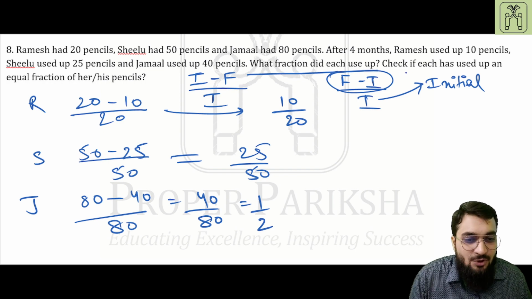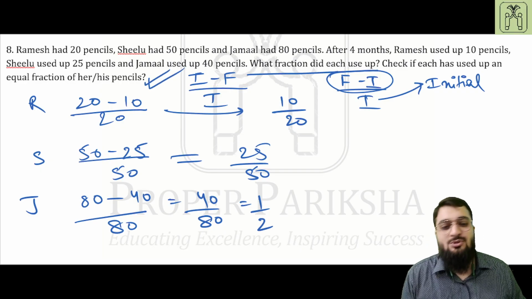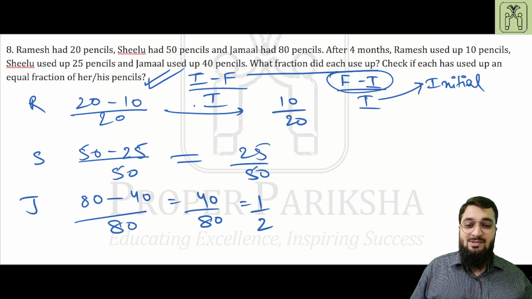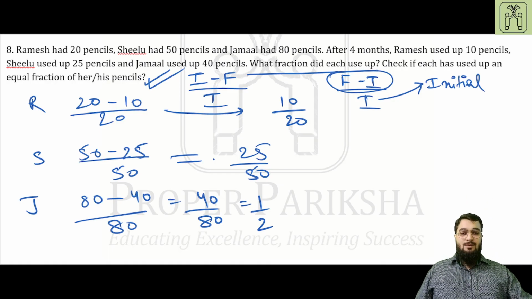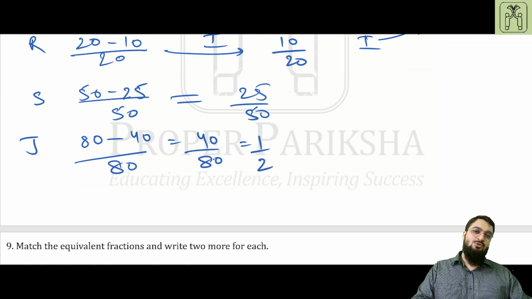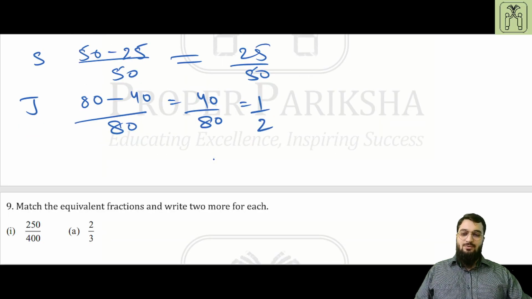So the answer for whether each has used up an equal fraction of pencils will be yes, they have used an equal fraction of pencils, because the fraction they used up is equivalent. Similarly, total minus fraction used up is known as fraction remaining, so that is also an equivalent fraction.